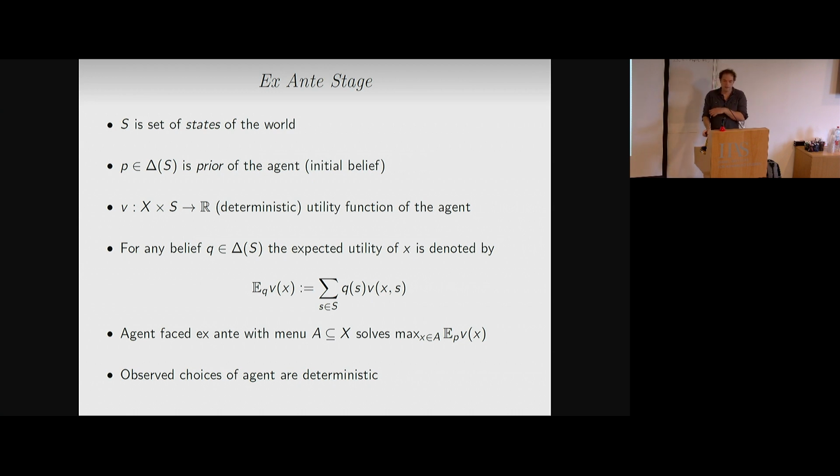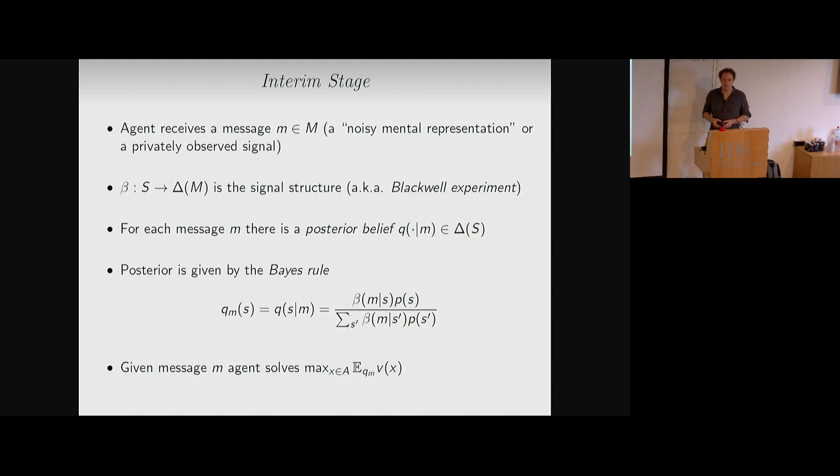The interesting thing is what happens at the interim stage. At the interim stage, the agent gets some information, which I'm going to call a message, M in some set big M. That's maybe what might be called the noisy mental representation, or, for economic theory, this could just be a privately observed signal.